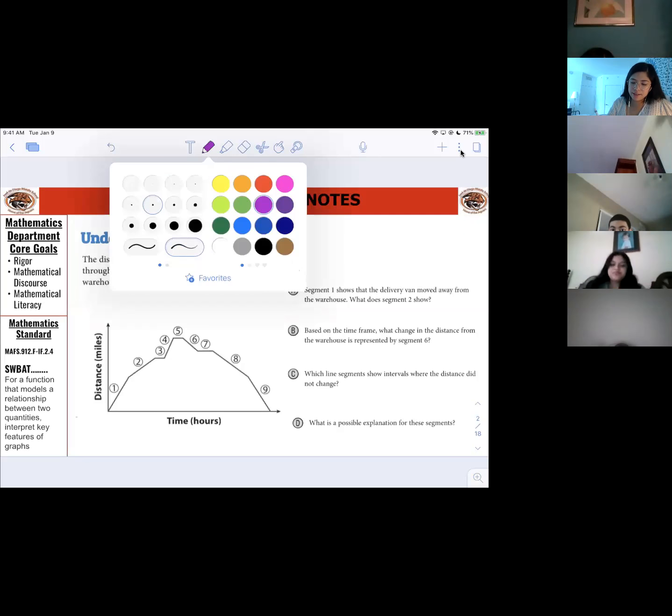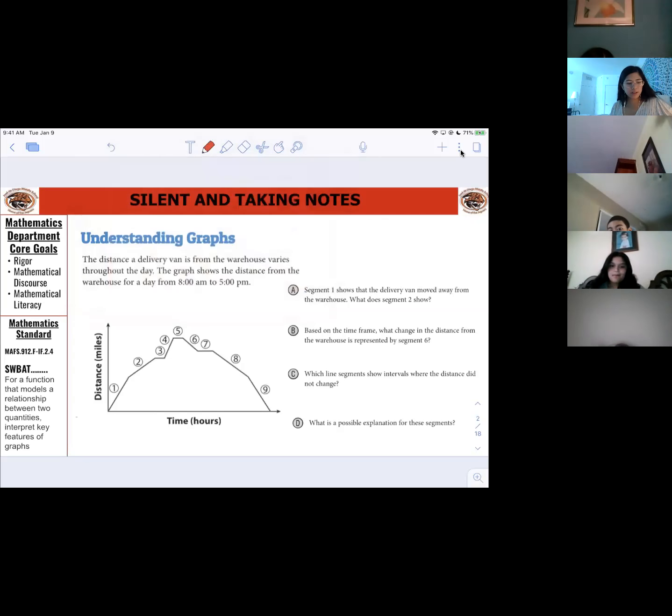Which one is the x-axis? The time or the distance? Time. Good. So remember, the bottom one is always going to be your x-axis, and the other one is your y-axis. And in this case, my y-axis is measuring the distance from where?